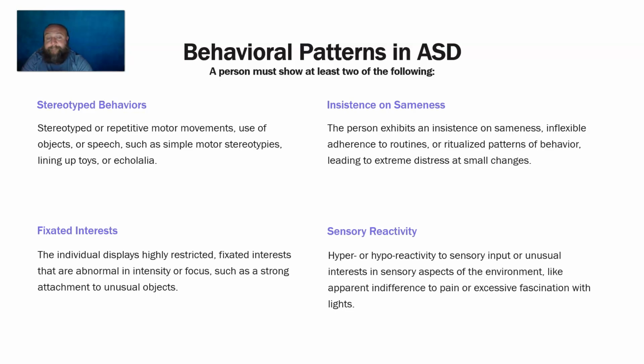So hypo reactivity is that you're not responding as a typical neurotypical individual would. Oftentimes, that can be something like blaring loud music, and the child may not be reacting to that at all, whereas a neurotypical child probably would be crying, upset. Hyperreactivity is the opposite, right?